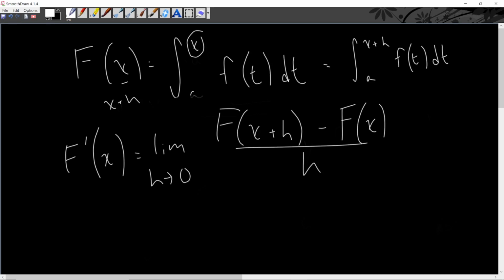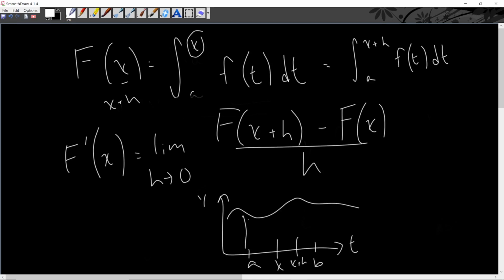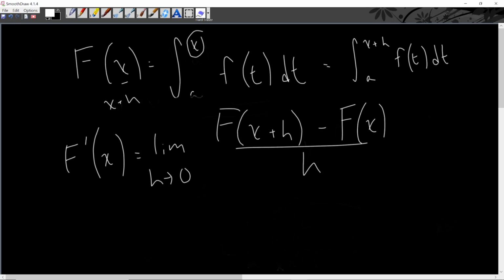Now if we look back at a graph, I'll just sketch it out. This is y, this is t, and let's say this is a, b, x. We're saying that this is x plus h. Let's draw some squiggle. This is the area under the curve from a to x. And then all of this is going to be the area under the curve from a to x plus h. So when we plug in our x plus h into the input, our resulting output will look a little bit funky.